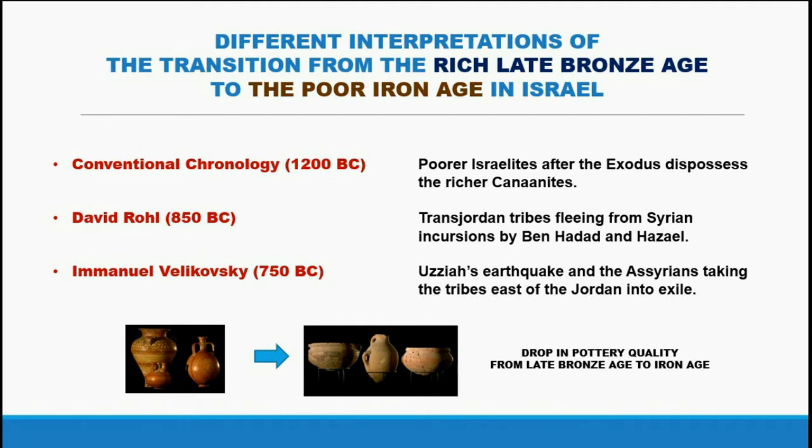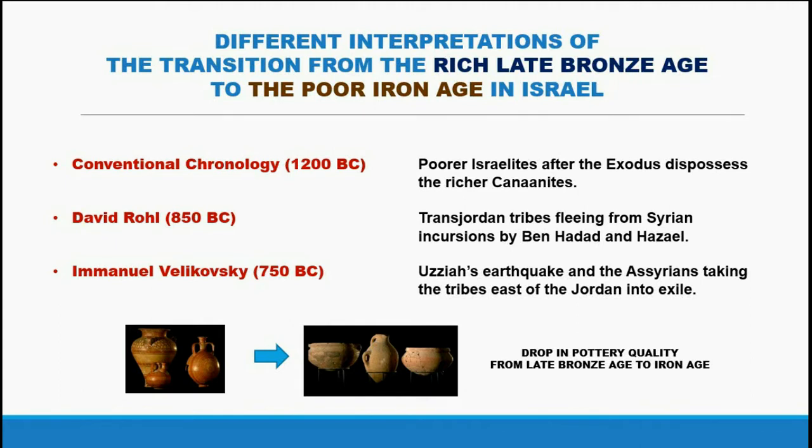Now, the conventional chronology places the start of the Iron Age around 1200 BC. So this evidence is interpreted as evidence for the time of when Israel conquered the land and dispossessed the Canaanites, who were much richer than the poor Israelites. The destruction of this time is usually interpreted as either the conquest by the Israelites or the destruction caused by the Sea Peoples, who are often identified as the Philistines.